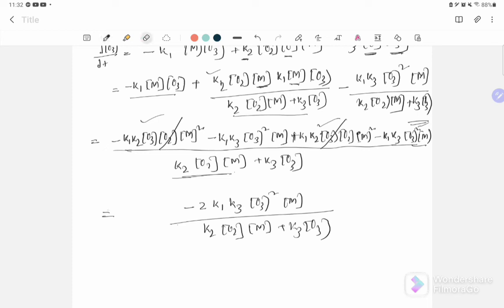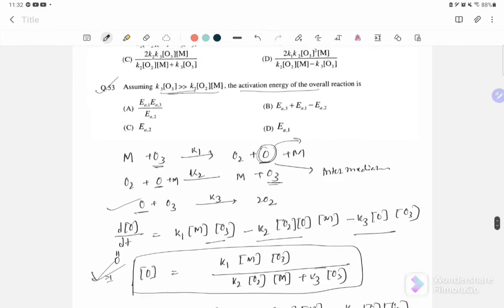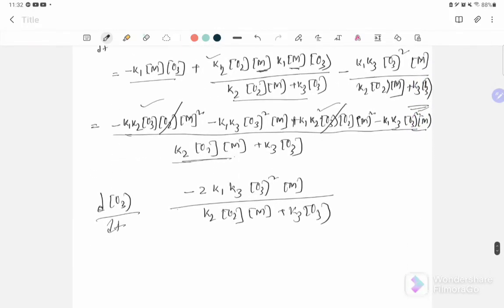This is our expected result for d[O3]/dt. Here it is minus d[O3], so we'll just make it plus.